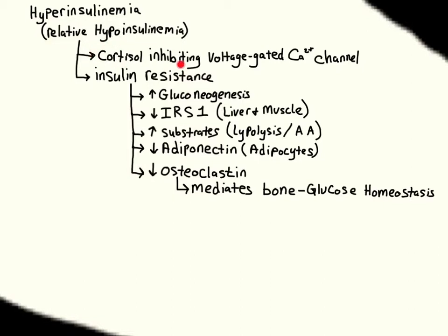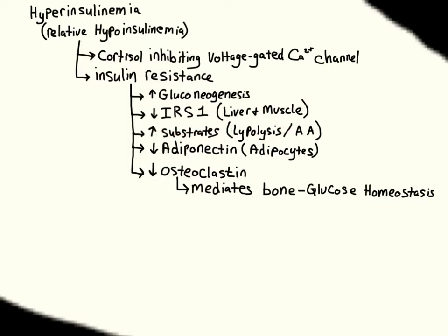The hypo because cortisol is binding to the voltage-gated calcium channels, but the hyper because you have insulin resistance in the periphery. So with the increased gluconeogenesis caused by cortisol, you also have a decrease in insulin receptor substrate 1 in both the liver and the muscle. So insulin cannot act on the liver and the muscle because IRS1 is decreased. You also have an increase in substrates.